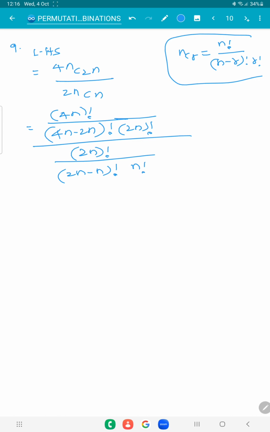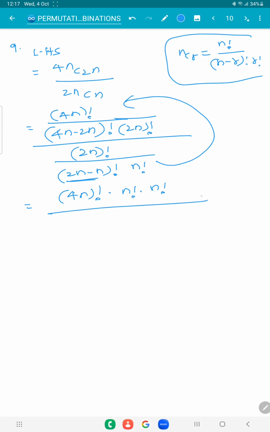Once observe that this is equal to 4n factorial, which comes to the numerator. So 2n minus n is n, n factorial into n factorial, by (4n minus 2n) factorial, 2n factorial into 2n factorial. The 2n factorial comes here, right?